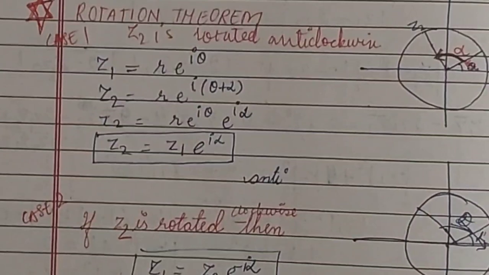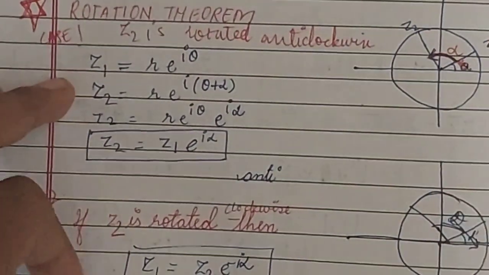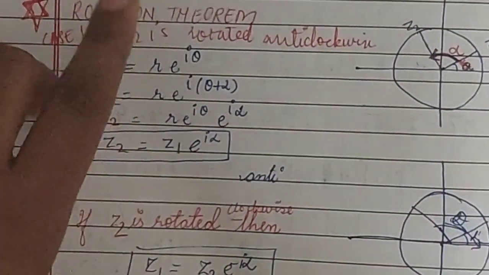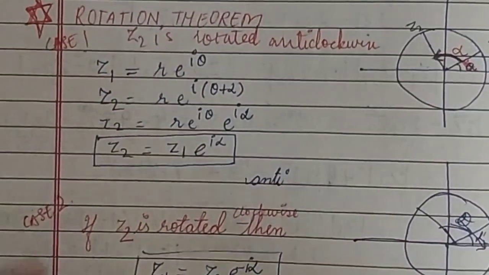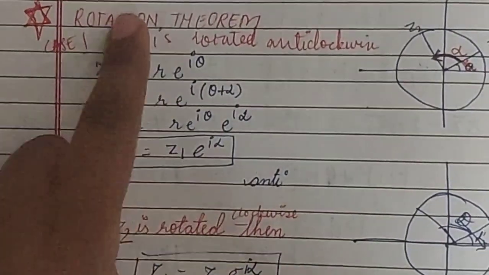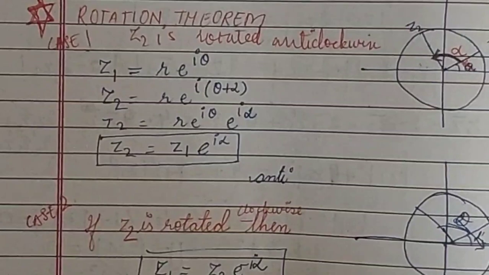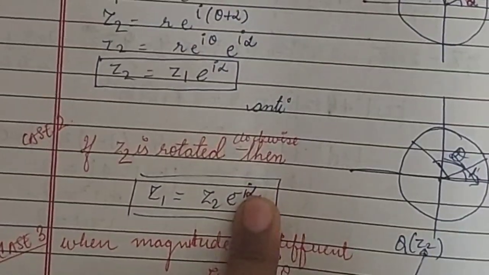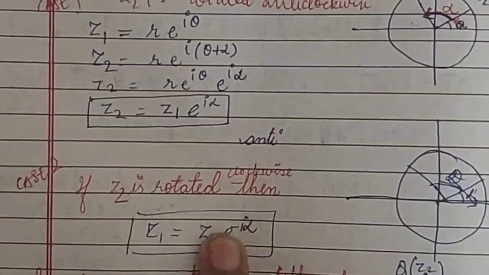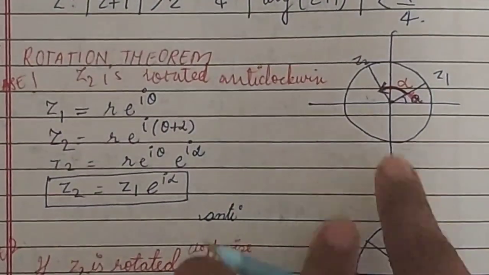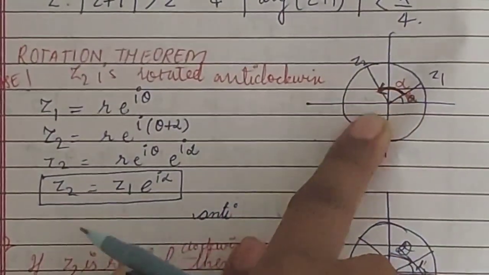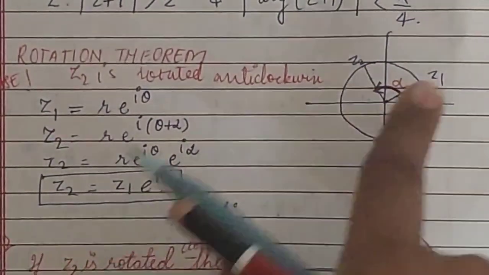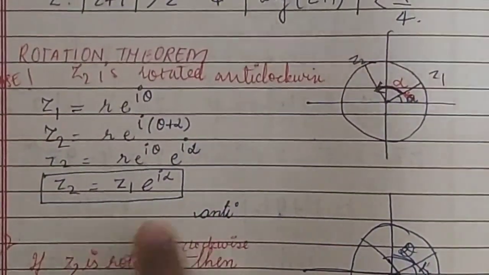I brought this because I thought it would be really useful, because it's the same thing. We are using Euler's formula in this only, but I'm just trying to tell you when it will be negative and when it will be positive. In the first case, as you can see the arrow, it's going in anti-clockwise direction, that's why it is positive here.